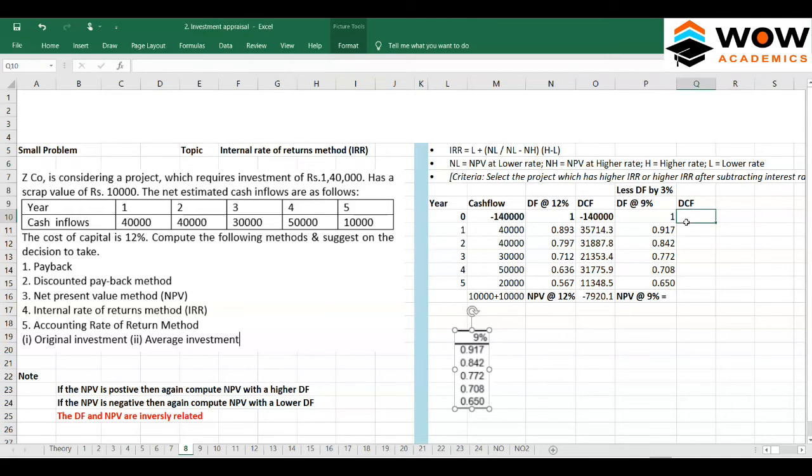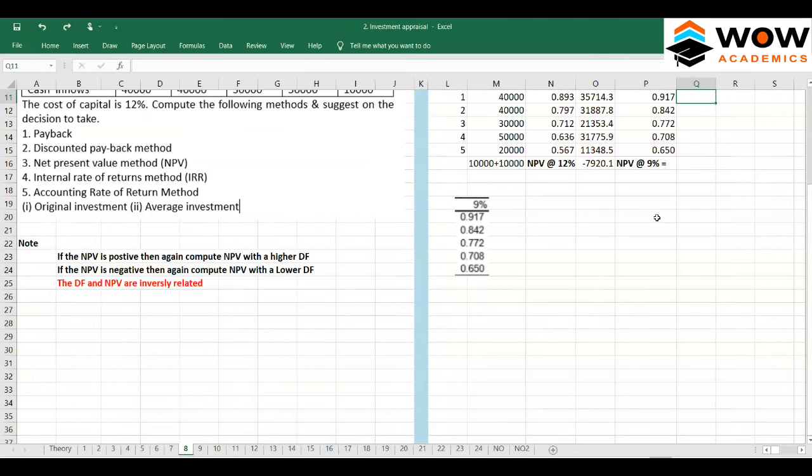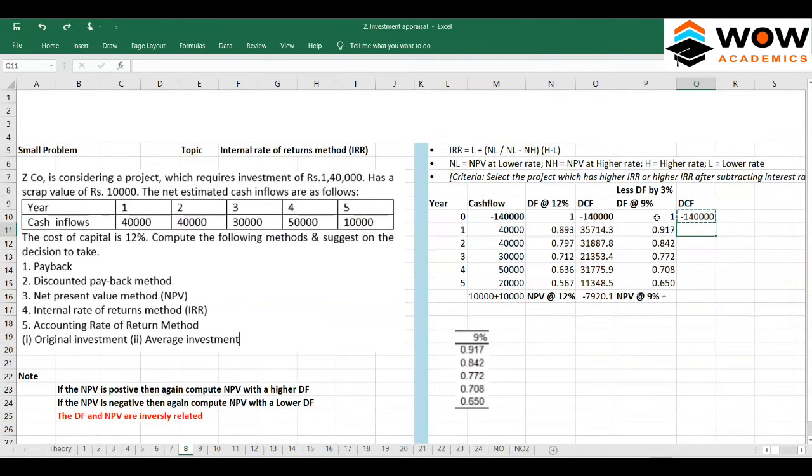So now we have to multiply. See, we have to multiply the cash flow into the discount factor here. Okay, so we'll get the answer. So we got the answers now.